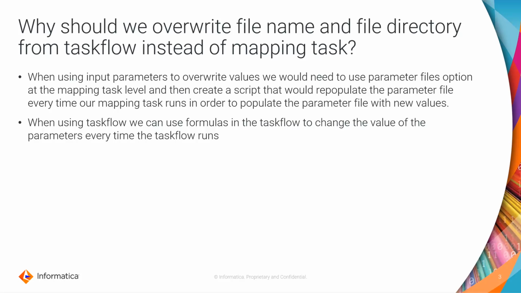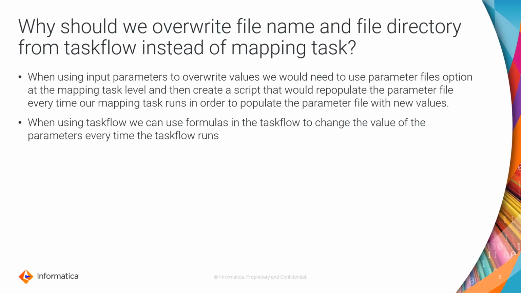The demo that I am going to show you next basically explains how to create the parameters in the mapping, then what kind of placeholder values you have to specify in the mapping task, and then how you can override the values at the Taskflow level.